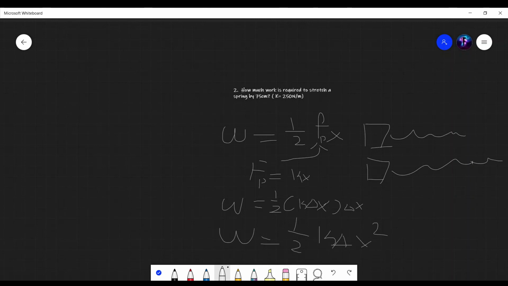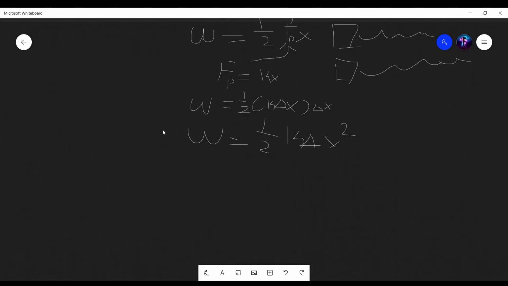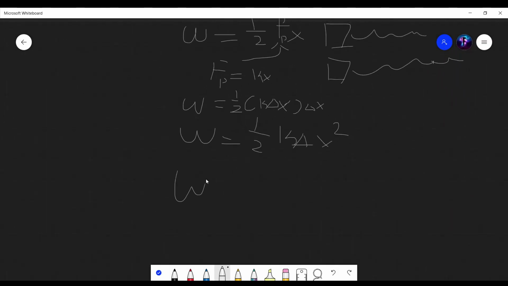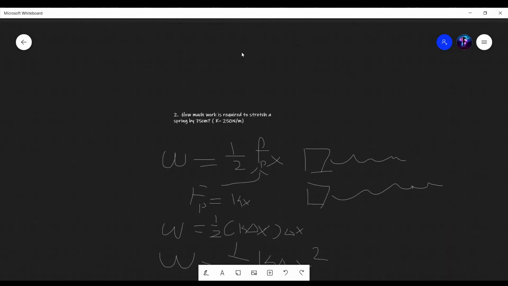So let me go down a bit. So W would equal 1/2. We know that K right here is 250 newtons per meter.